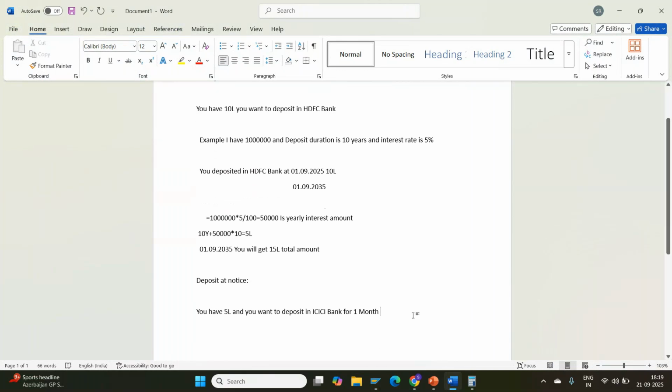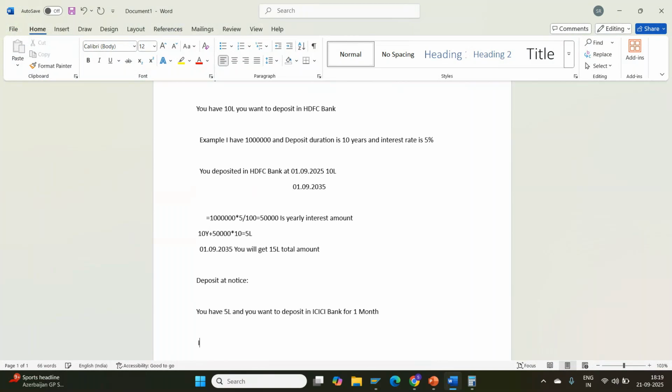Why will you deposit that amount? Because there is also a specific interest, like a short-term investment. You will get that interest amount also.